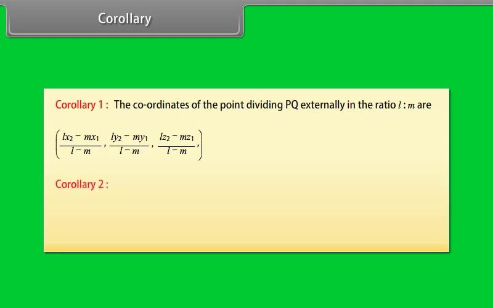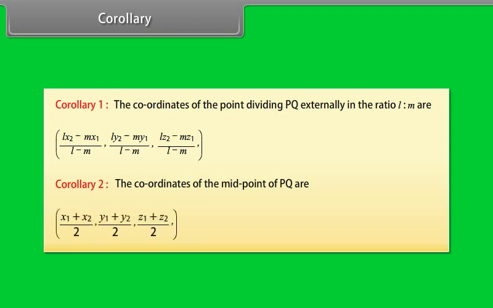Corollary 2. The coordinates of the midpoint of PQ are ((x1 plus x2)/2, (y1 plus y2)/2, (z1 plus z2)/2).